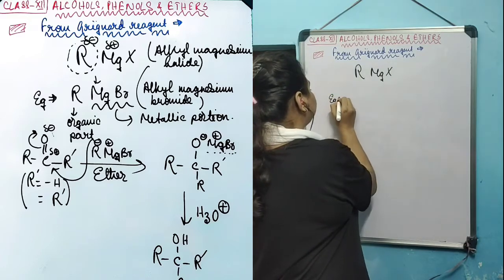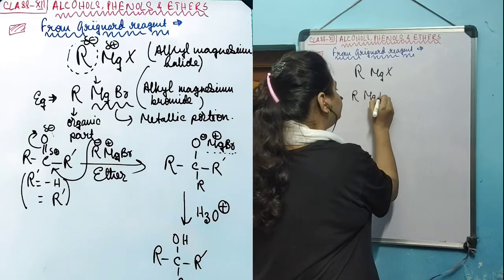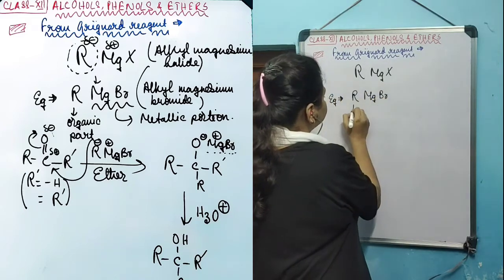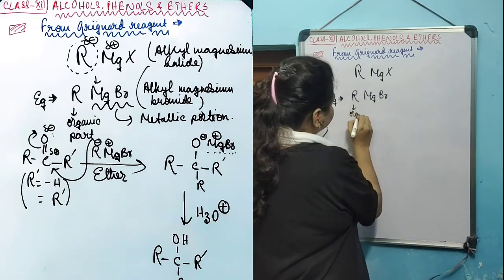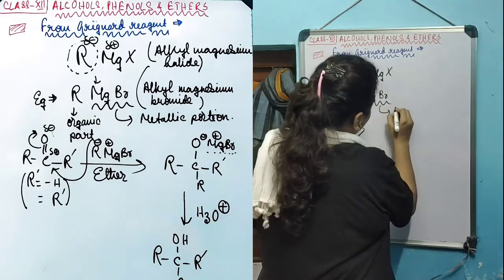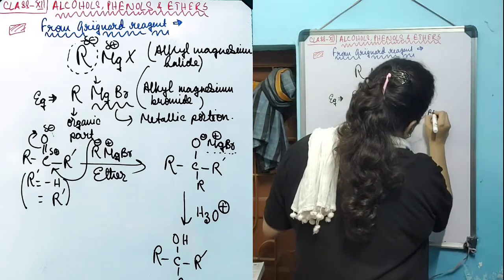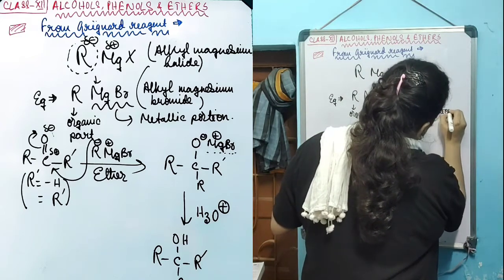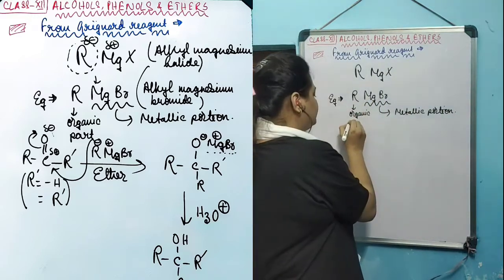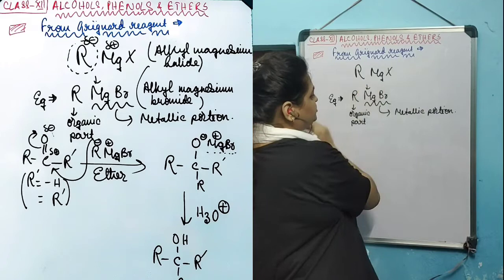For example, you can take RMgBr. R is the organic part and MgBr is the metallic portion, with which this organic part is directly in contact with the metal magnesium.